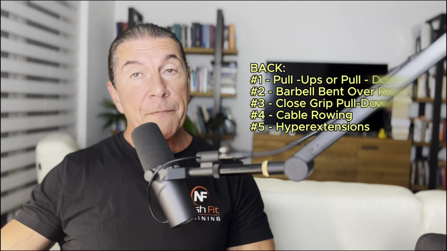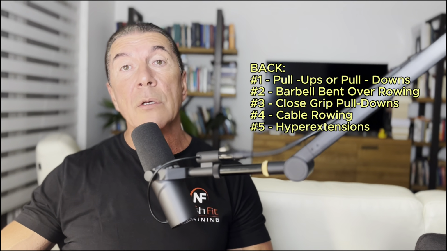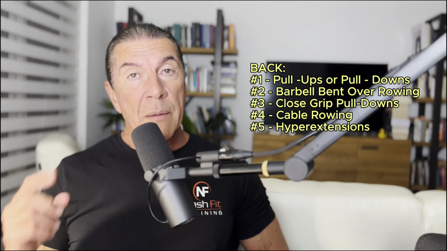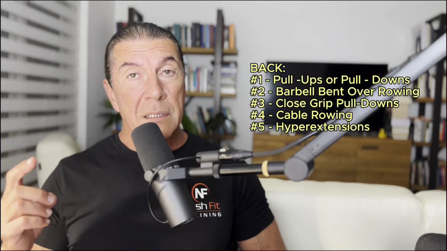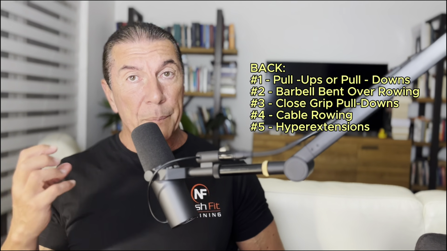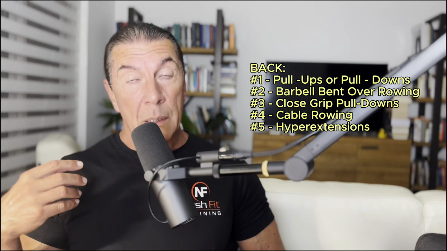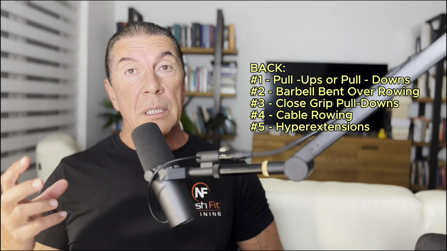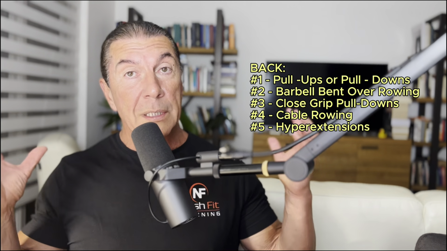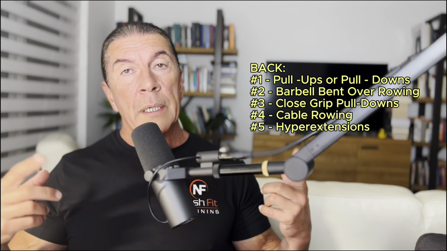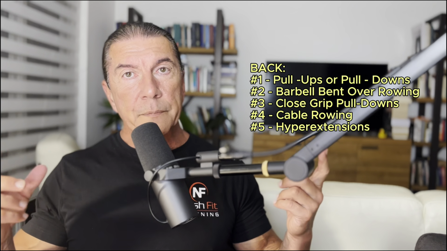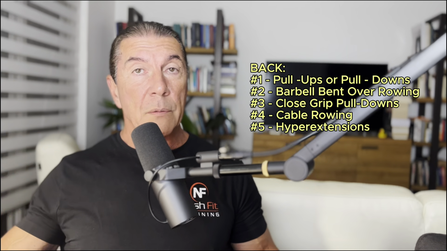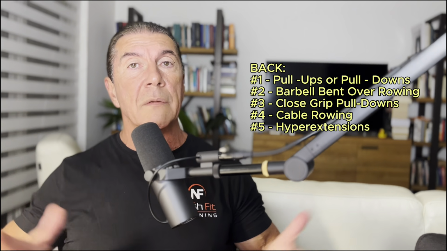Now when it comes to back, there are 5 exercises that I do and I also advise people to do. Number 1, the best back builder exercise according to me, is pull-ups. Pull-ups are actually most effective for developing your latissimus and also your teres major and teres minor muscles at the back, which give you that V shape.